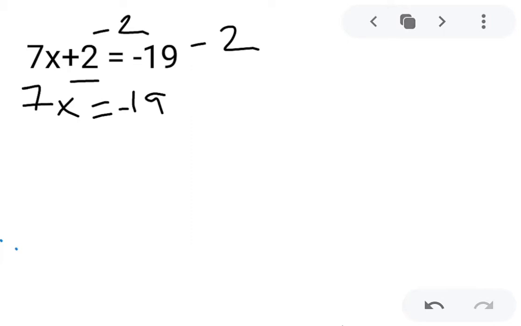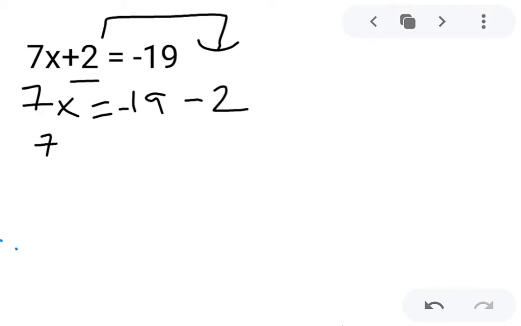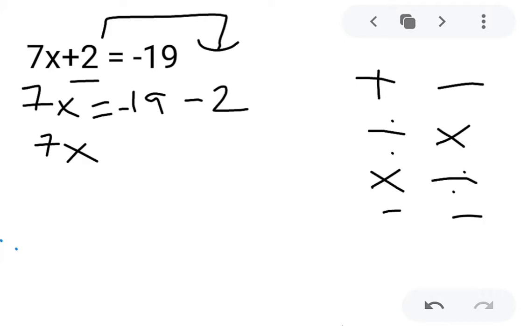But here we are doing a direct method, where we are transferring 2 to the other side. It is the transpose method, right? In the transpose method, plus becomes minus, divide becomes multiply, multiply becomes divide, minus becomes plus. So here 7x is equal to minus 21.